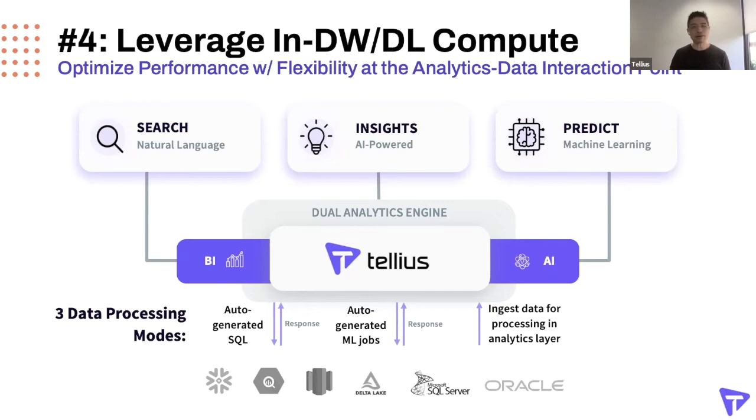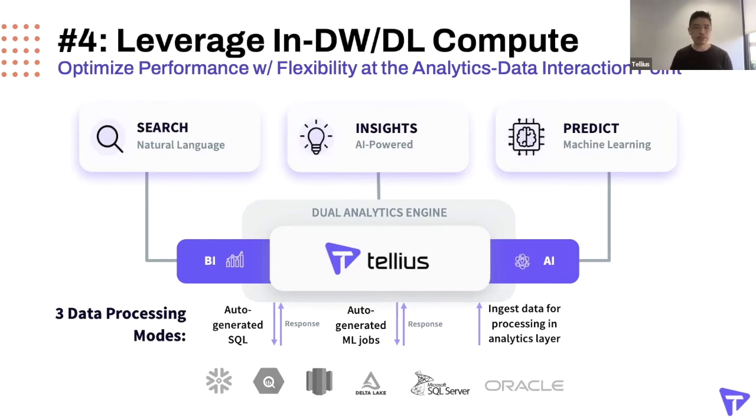We can also auto-generate ML jobs as well. So we can actually push and generate and leverage ML processing at the data lake level, off of our system and utilize your existing resources for ML jobs.